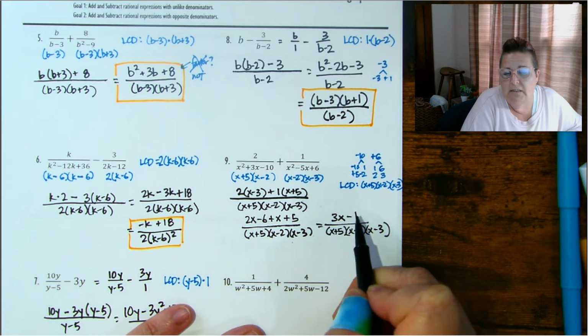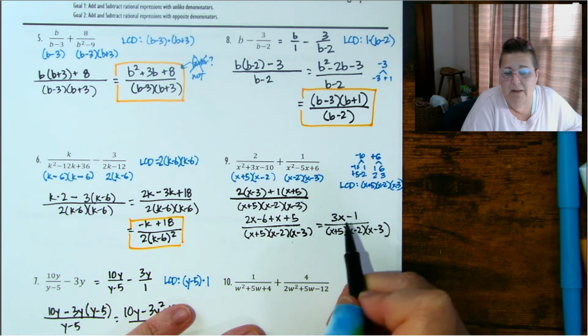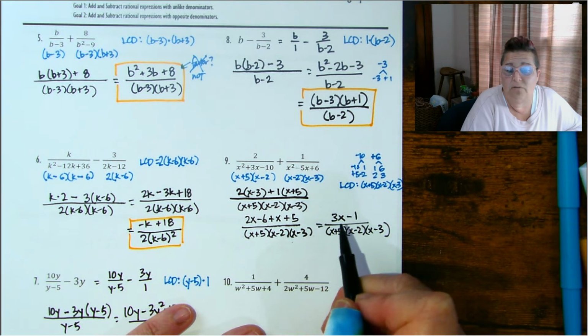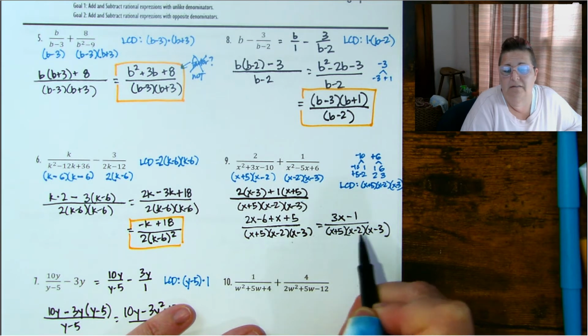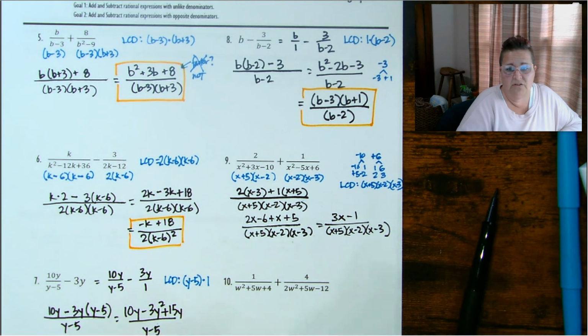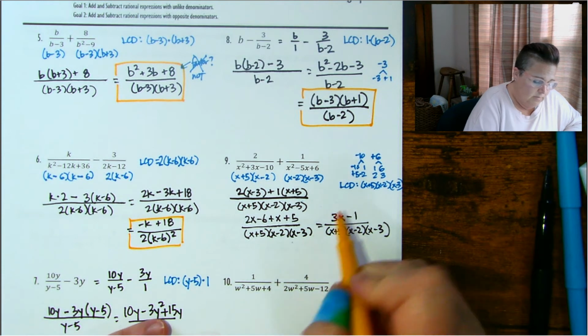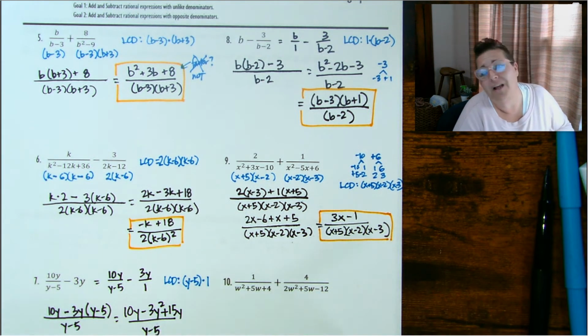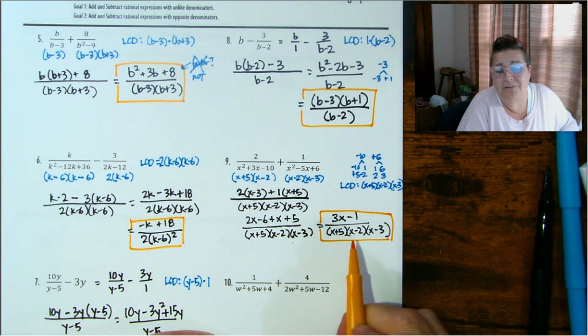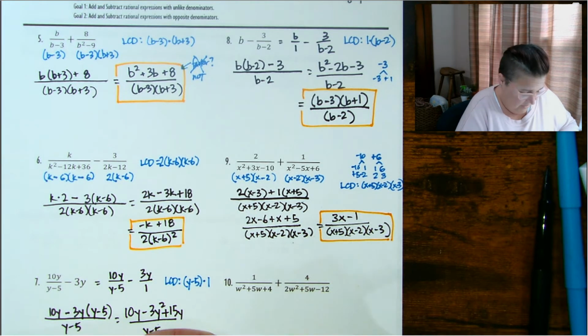Now, 3x minus 1 is already a binomial. It will not factor any further. There is no common factor there. And it also will not cancel with any of those 3 factors in the denominator. So I'm just going to leave it. I can't do anything more. Could I multiply this out, the x plus 5, x minus 2, x minus 3?